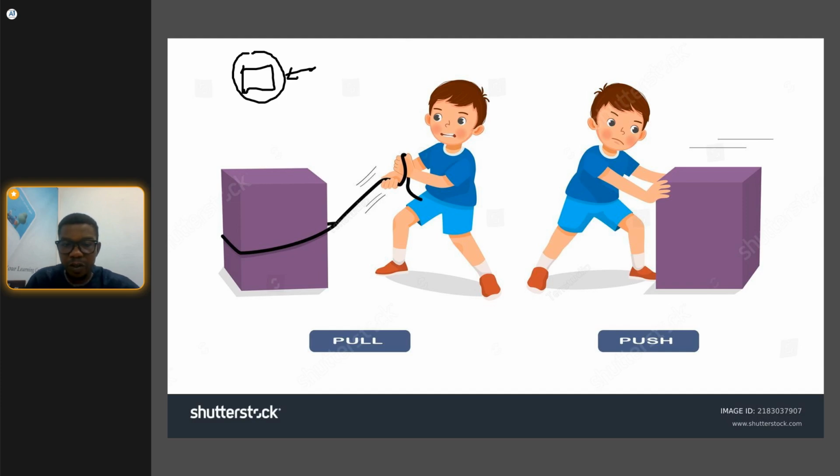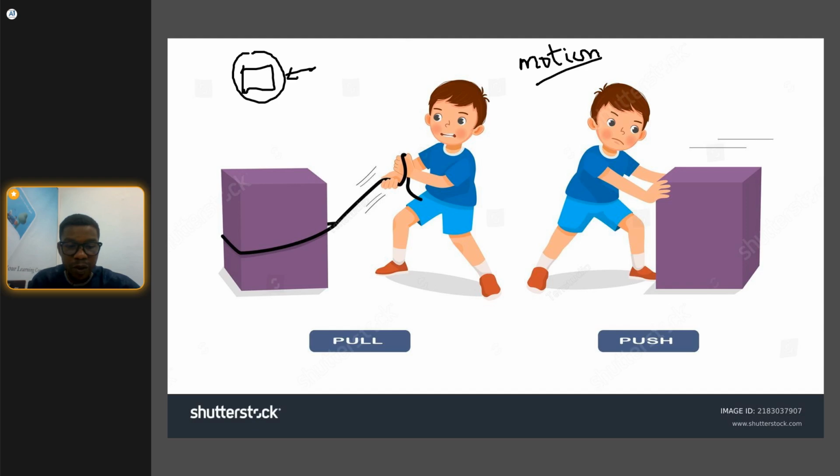But if I decide to push the object, I'm going to discover that the object moves from its initial point towards the direction I'm pushing it. Or if I decide to pull the object, I'm going to discover that the object moves towards my own direction. So pull and push bring about the phenomenon of motion.